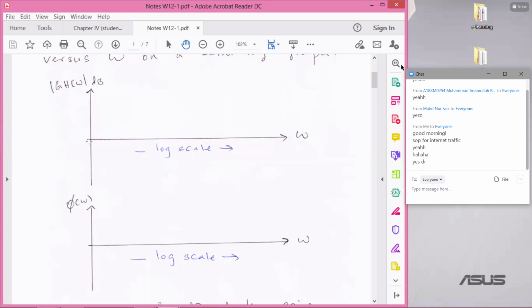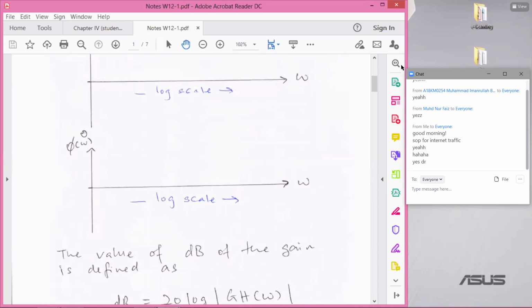Okay, so the horizontal axis is omega with a log scale, and then the linear scale in the vertical axis, but this is in a unit of dB. You must convert the magnitude of the open loop transfer function to decibel, and then you plot that on a semi-log graph paper.